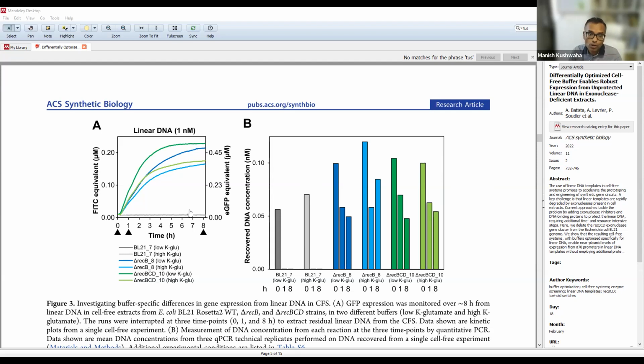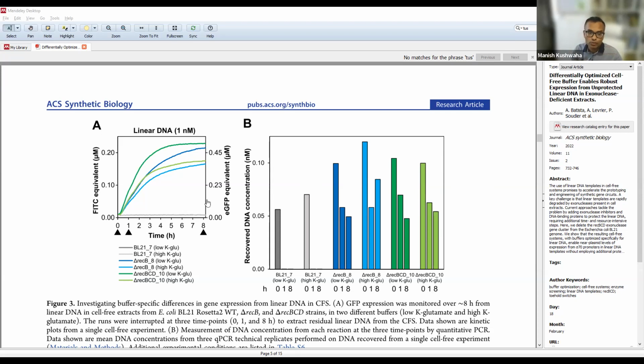So we dug into the literature, and we found that exonuclease IX, I believe, is sensitive to potassium ion concentrations. We wondered if there was this additional exonuclease still in the system, and by changing the potassium glutamate we were somehow changing susceptibility to that.